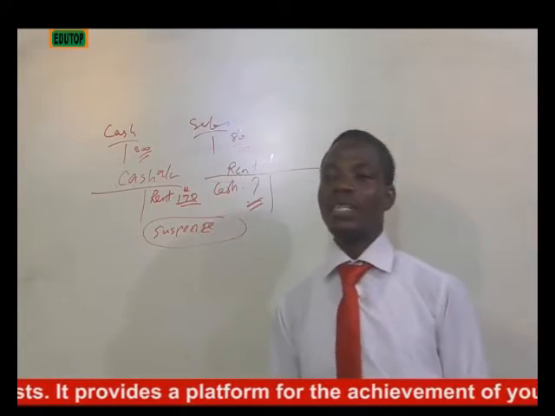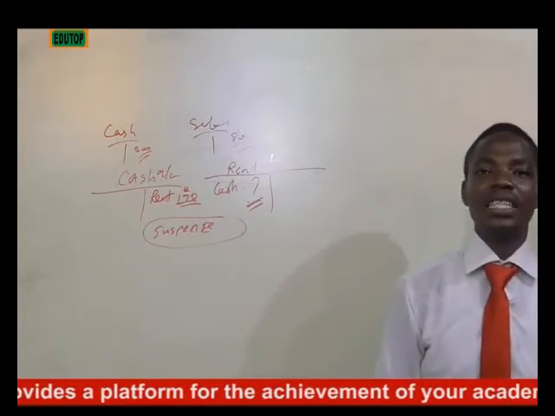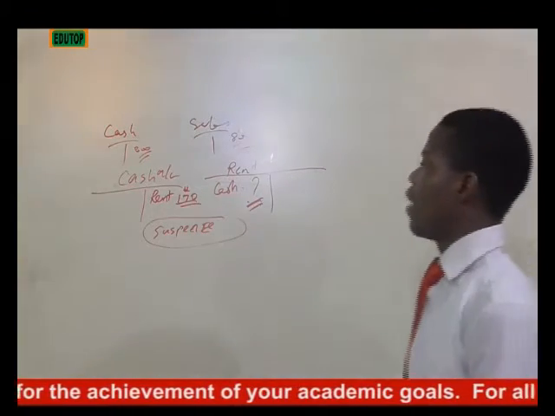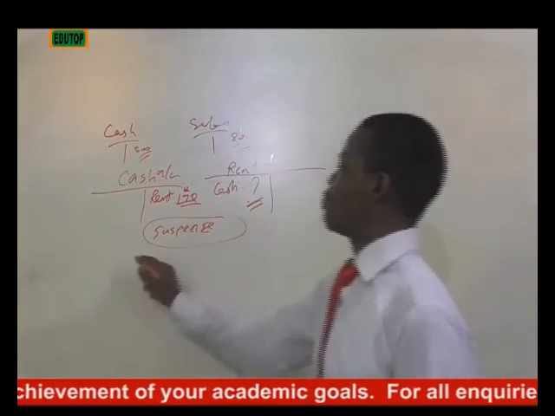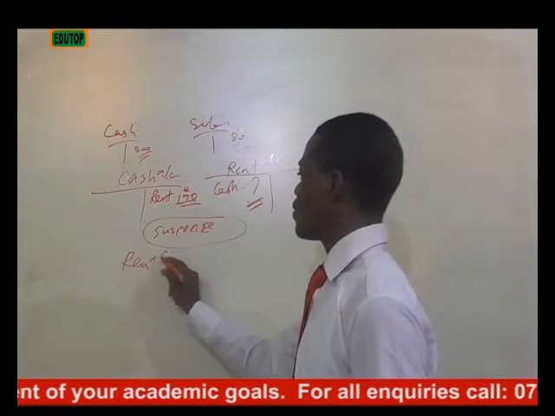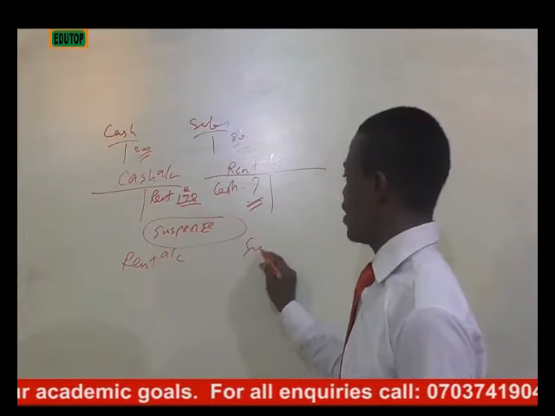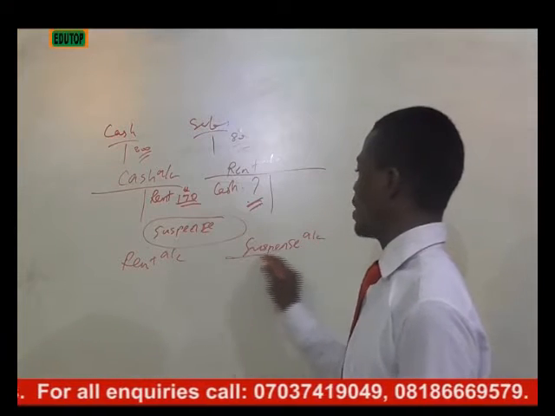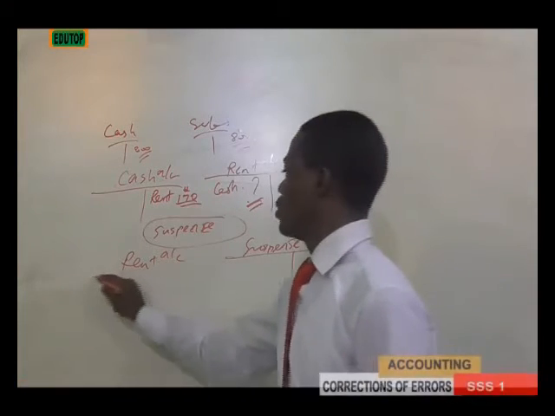You put it in suspense and you start identifying this error and correct that error. Now, for us to correct this, we prepare the rent account and the suspense account.